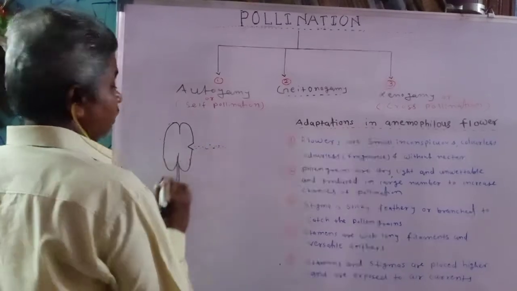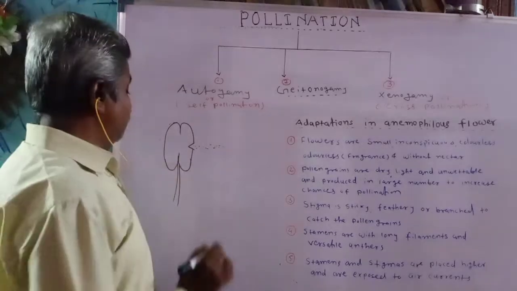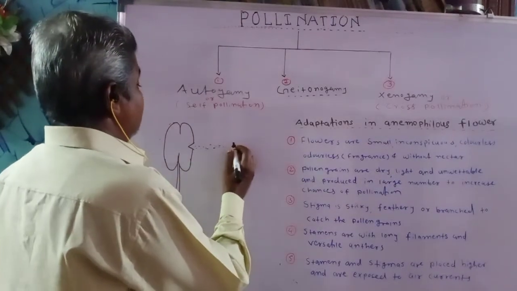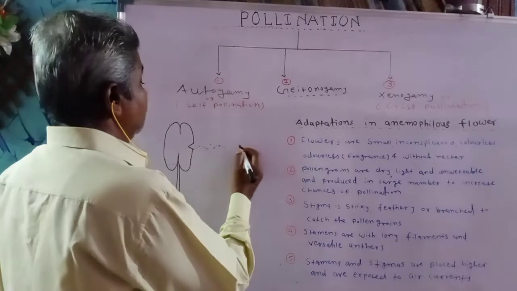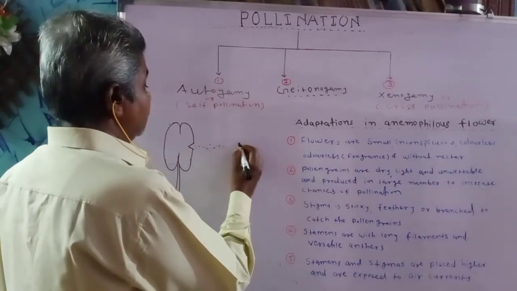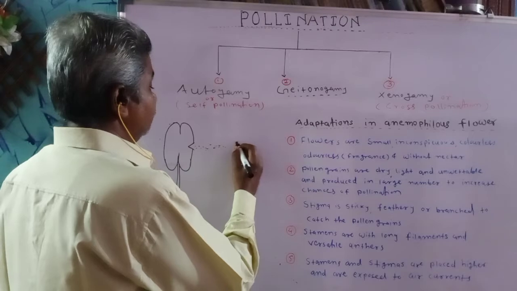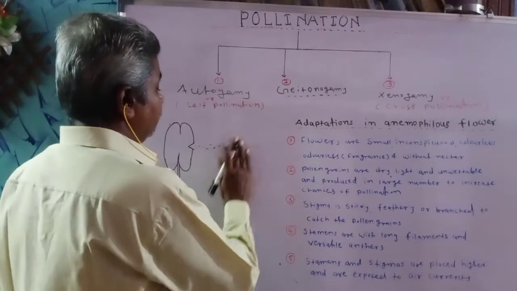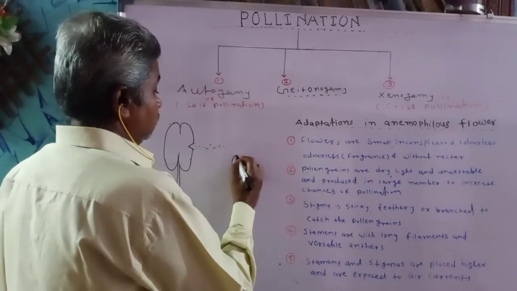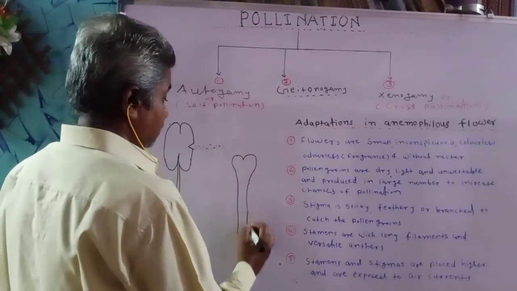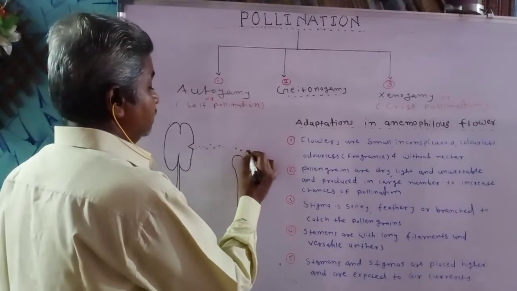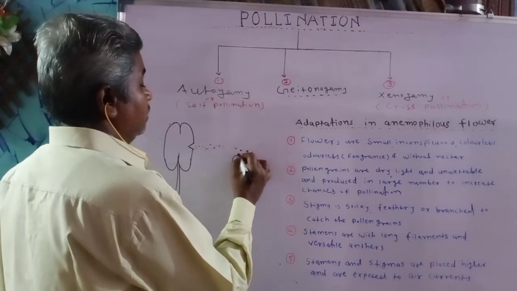When these pollen grains are released, they are carried by different agencies like insects, wind, and water, and they fall on the stigma. The stigma is the part of the carpel.